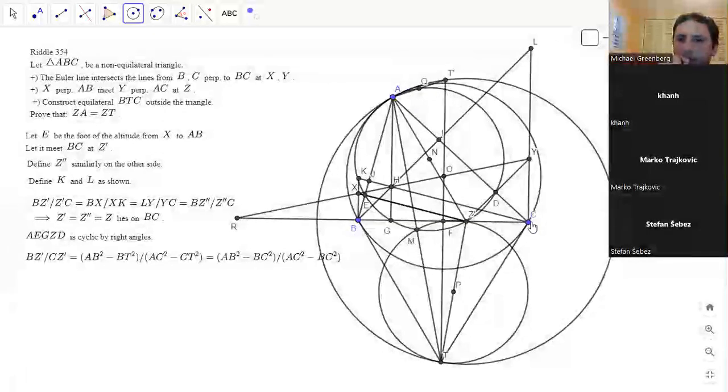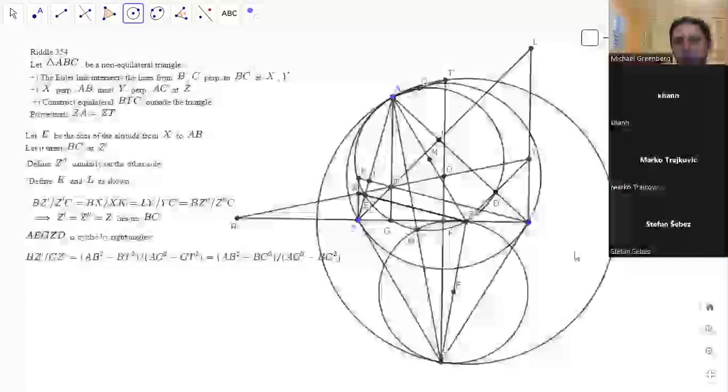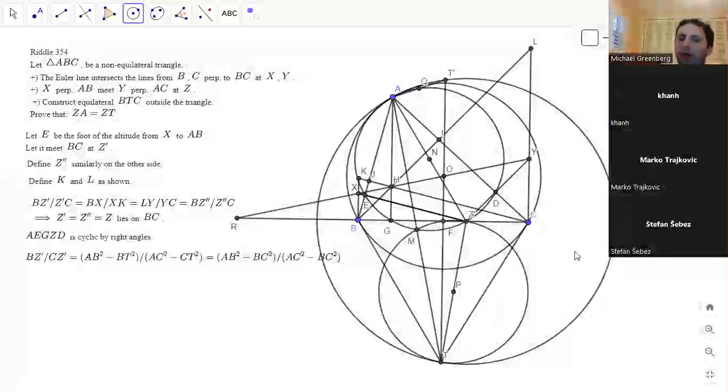That's probably helpful, because these are parallel. But that's RB over RZ. Then we need RZ over RC.